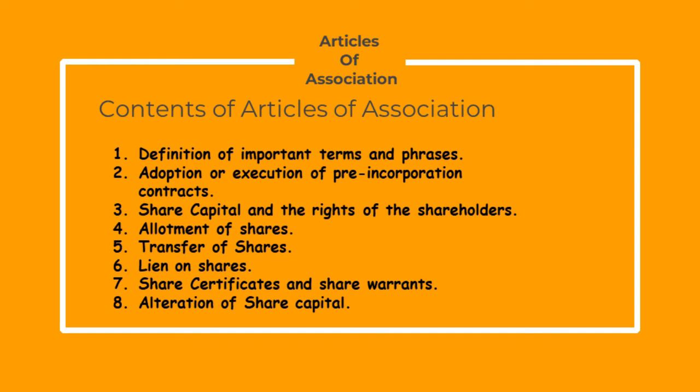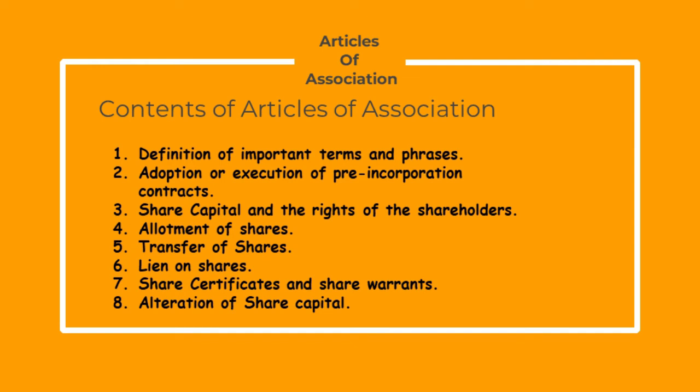You can alter articles of association. So if you want to alter the articles of association, you have to pass a special resolution. The alteration must not be inconsistent with the provisions of the Companies Act.